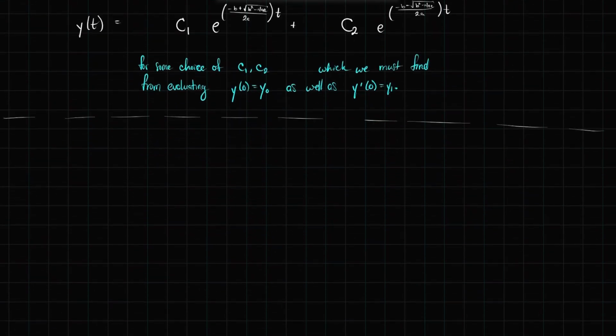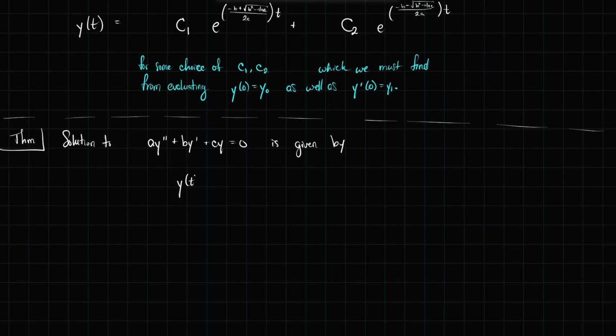So I'm going to mention that now. I'll write it as a theorem. The solution to a y double prime plus by prime plus cy equals 0 is given by y of t equals c1 e to the, unfortunate quadratic formula, negative b plus or minus square root of b squared minus 4ac all divided by 2a, t, plus c2 e to the negative b minus the square root of b squared minus 4ac all over 2a, t.